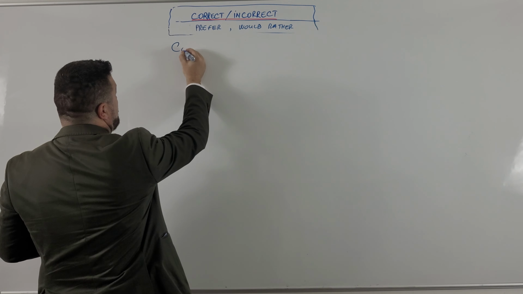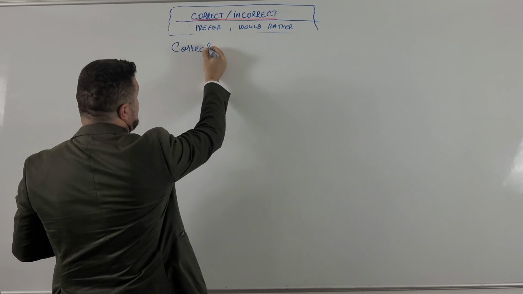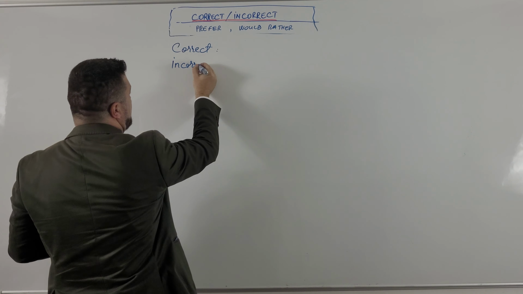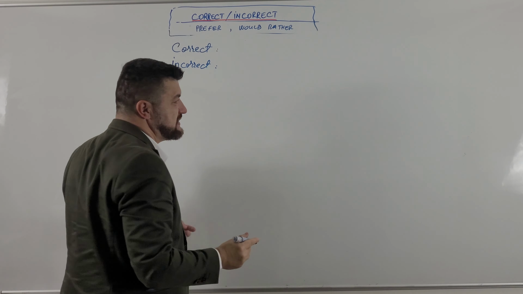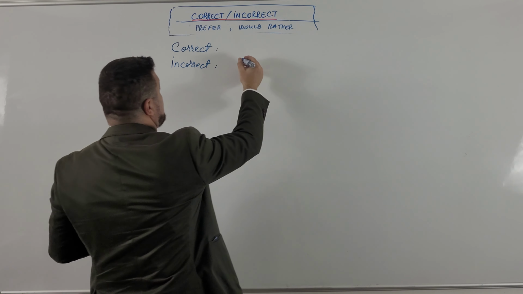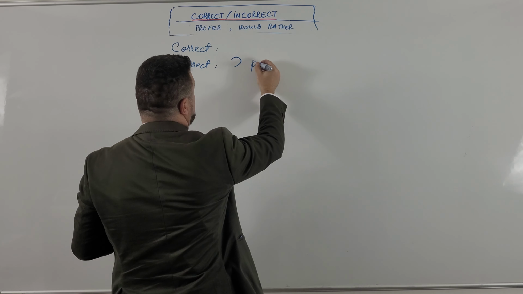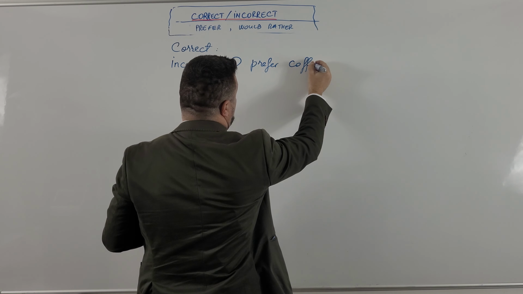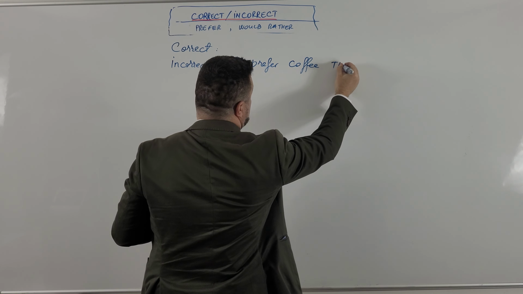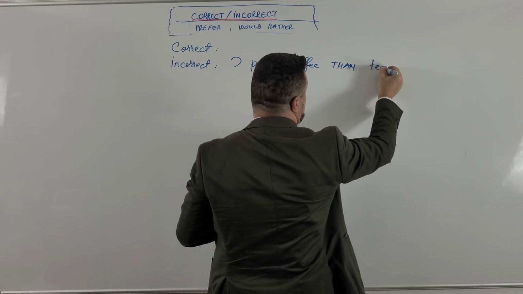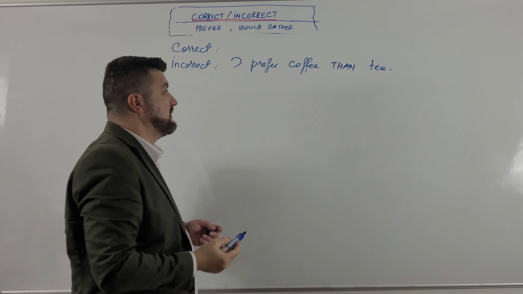Oh no, let me start with the incorrect one, because this is what my students tell me a lot in my classes. Okay, so I prefer coffee than tea. And this is what I get a lot. Okay? Wrong.